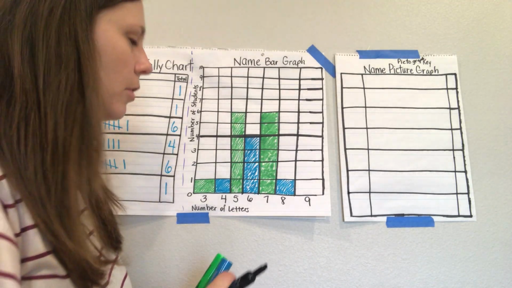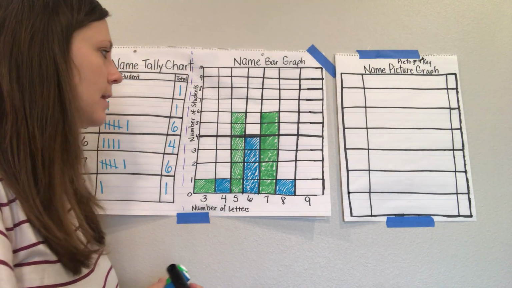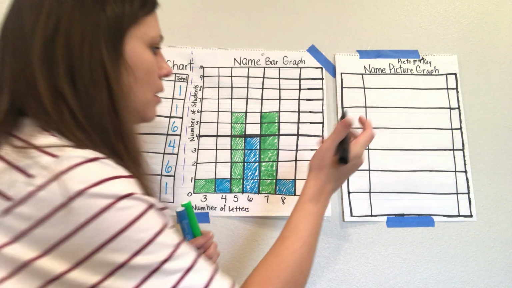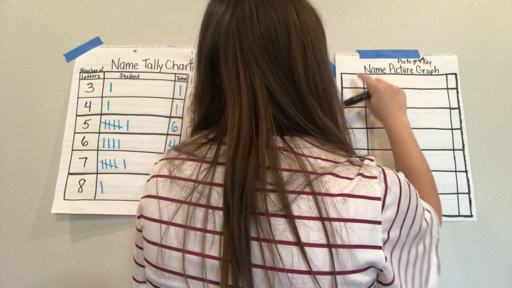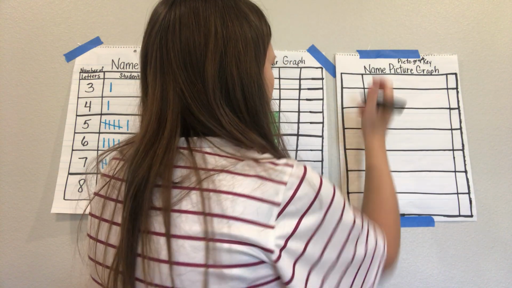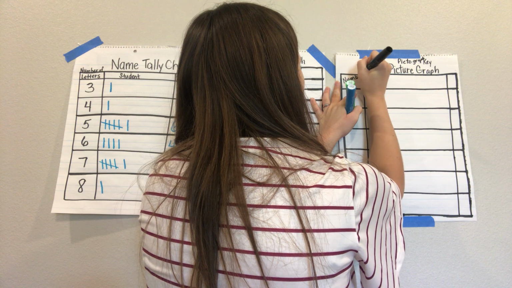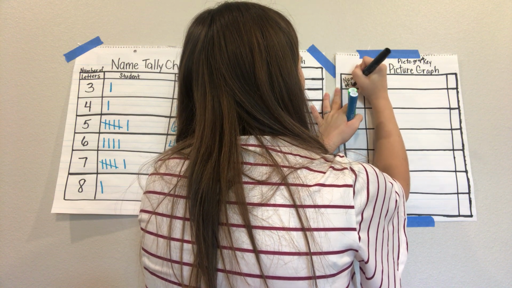So we've got our title on our picture graph. Now I need to add in some of the information that we talked about yesterday. This will be number of letters.